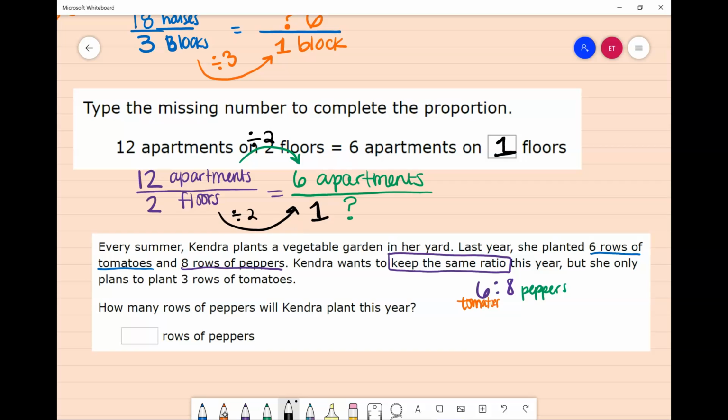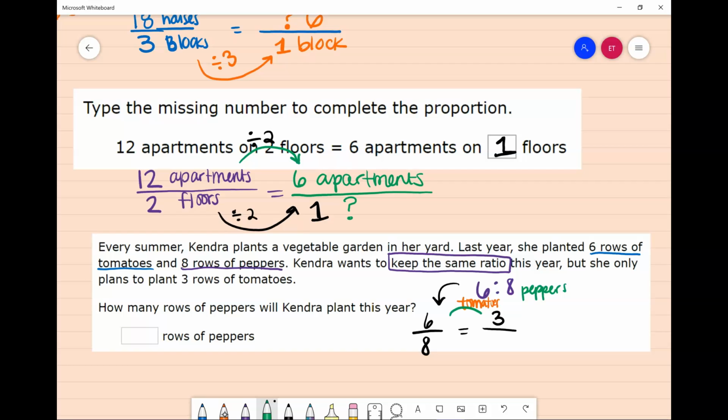Now I'm going to write this as a fraction, 6 as my numerator, 8 as my denominator. I'm going to set that equal to an equivalent ratio. She only had plans to plant 3 rows of tomatoes, so I'm going to put 3 as my numerator on this equivalent ratio.